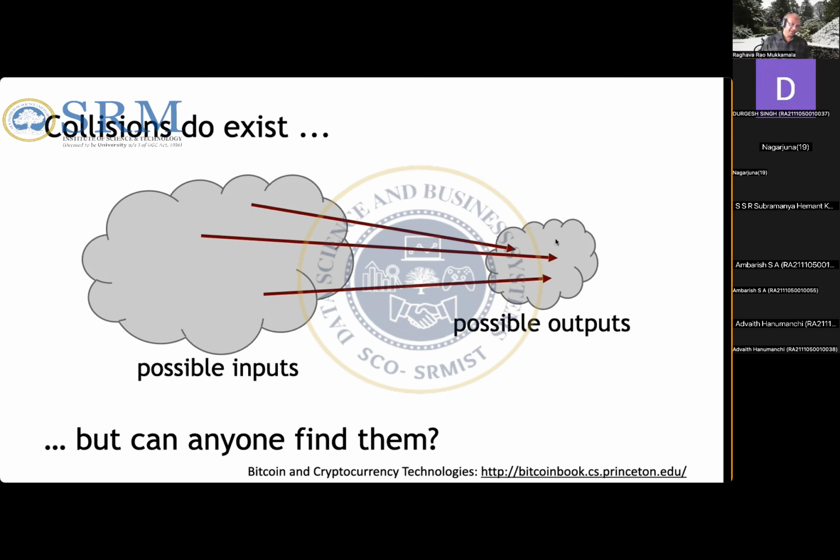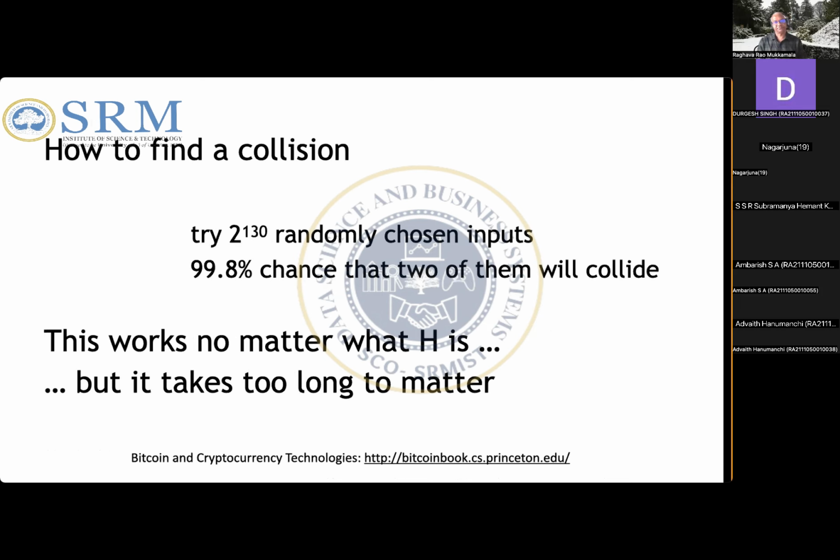So definitely there will be a lot of values for which we have the same hash value. But the beauty of the hash function implementation is that it is very difficult to produce a collision. For example, if you use a SHA-256 function and try at least 2 to the power of 130 times, then you have a 99.8% chance of getting two items with the same hash value. So what is this big number?